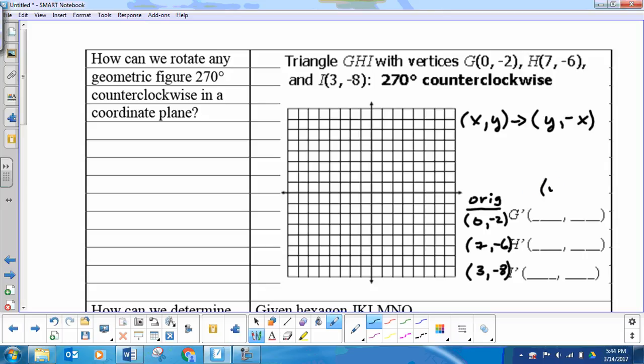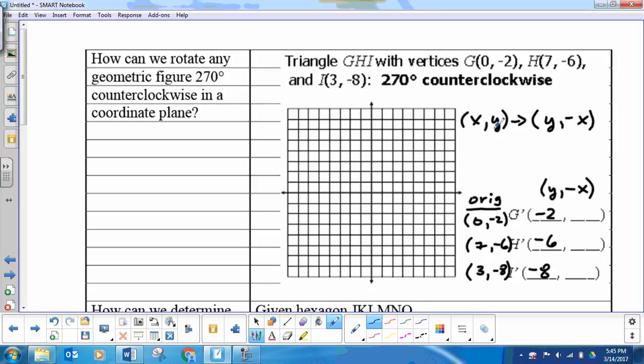So again, back to our rule, we had a y and a -x. What we're going to essentially do is take what the original y value was, the -2, the -6, and the -8, and dump those into the x location. Okay, so I'm going to do that first.